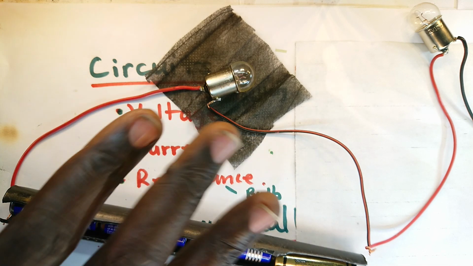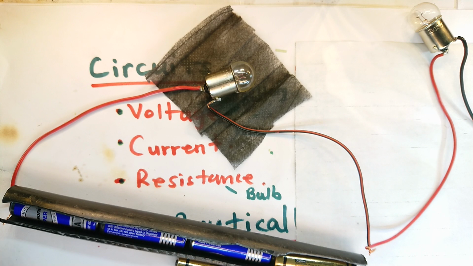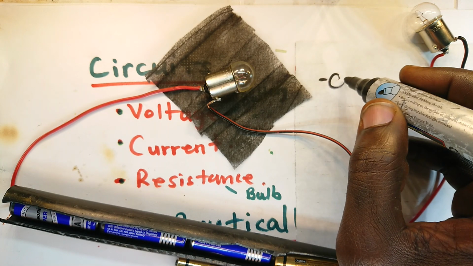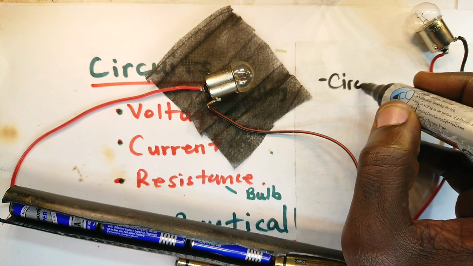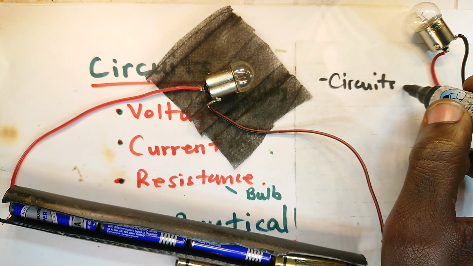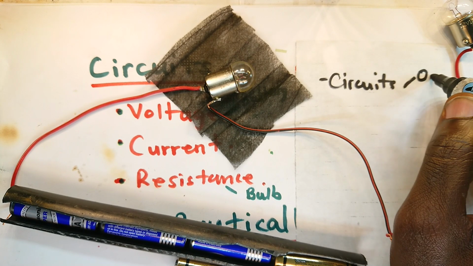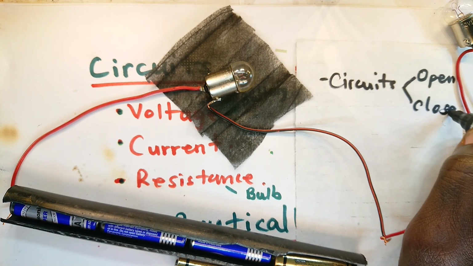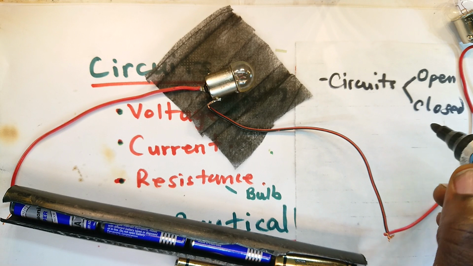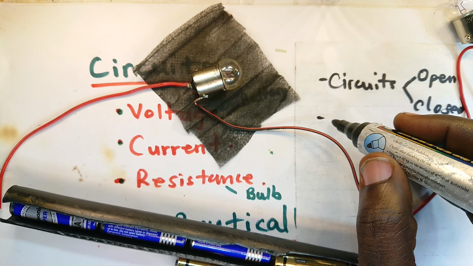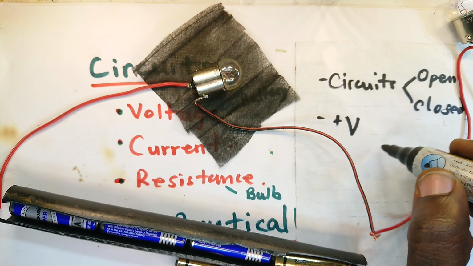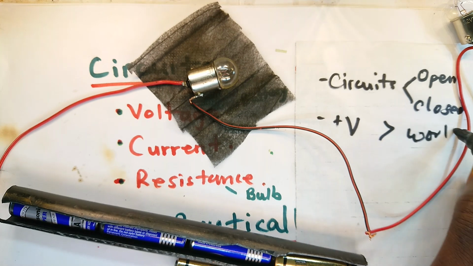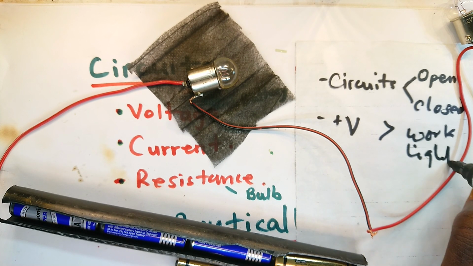Now that is to tell you that we have dealt with 3 things here: circuits, which we said can be open, that's with no current flowing, or closed with current flowing. And then we have talked of the more the voltage, the greater the work, which was light.